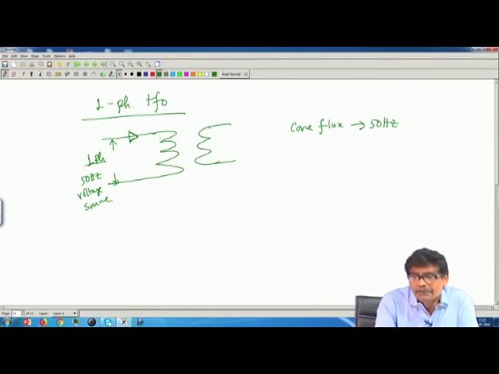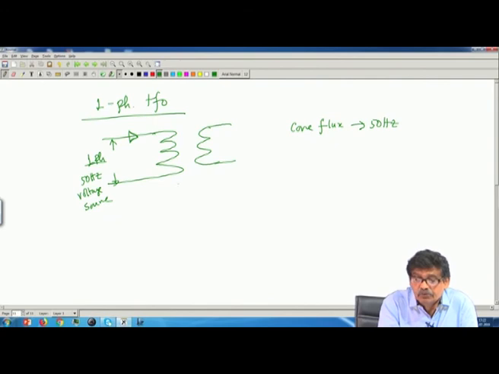So, the problem in a single phase transformer, so far as third harmonic flux etcetera is concerned, is not that very critical, in the sense that if you assume the current drawn is sinusoidal only, then you will say okay, then flux must have got disturbed, 50 hertz and 150 hertz.